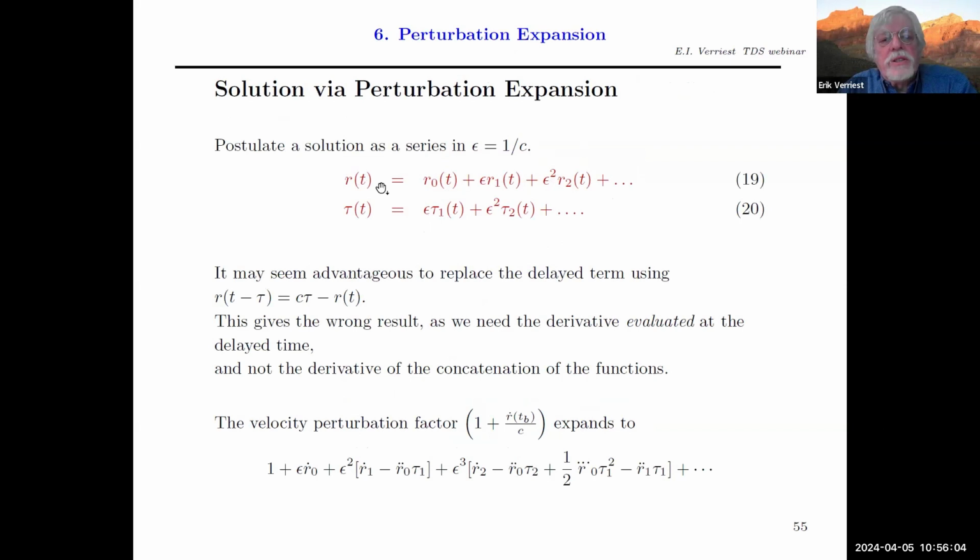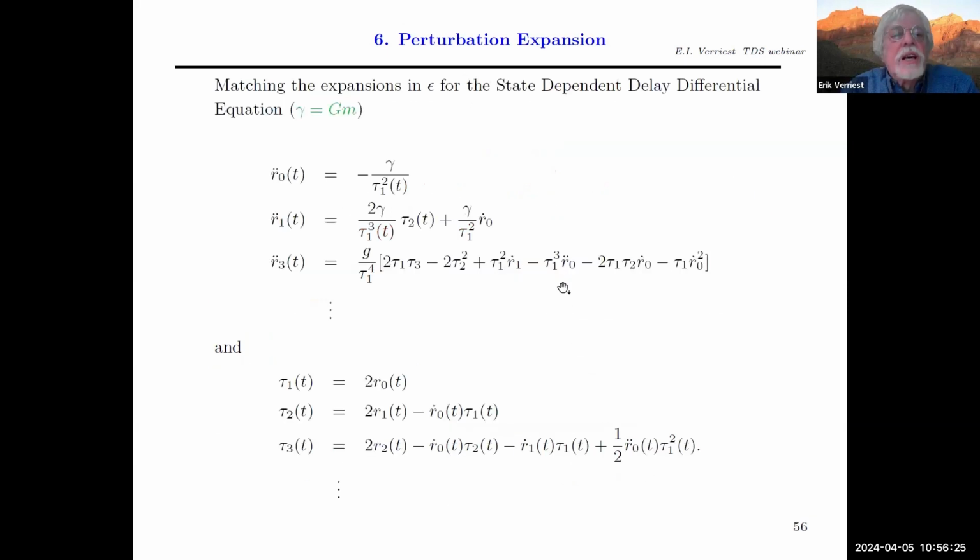So expand the position r and the delay tau into the series. Notice that I put already the epsilon, which is 1 over c, in front of tau1 because tau is very small. Okay, then the velocity perturbation factor expands like this.